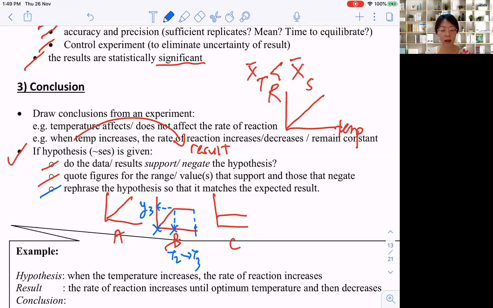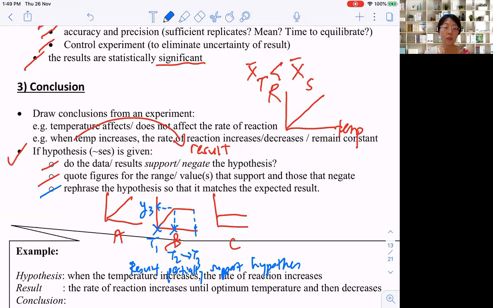Okay, so for this temperature T1 to T2, as the temperature increases, the rate of reaction increases. So it supports the hypothesis. So you can say that your results actually partially support the hypothesis. So for case B, you can say that the result partially supports the hypothesis. Then you tell me which range of temperature supports, which range does not support.